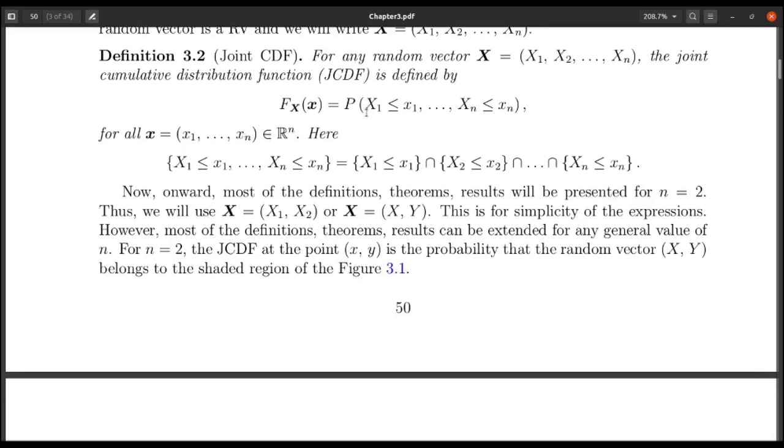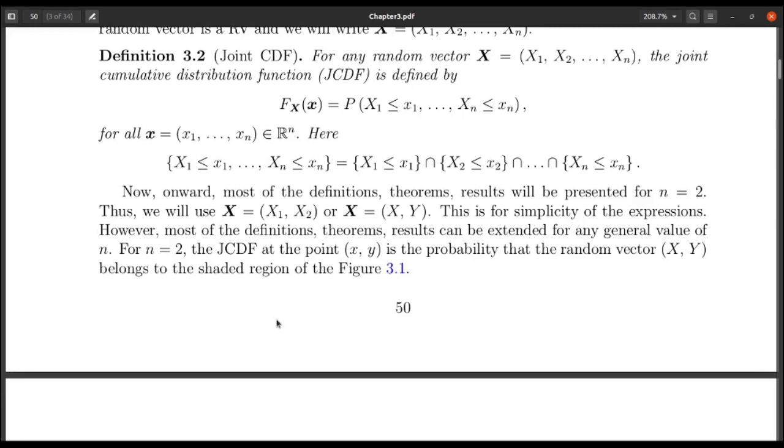Clear? Now if n equals 1, then the random vector turns out to be a random variable, and the joint cumulative distribution function turns out to be the cumulative distribution function. So it is a kind of generalization of what we have done in chapter 2.